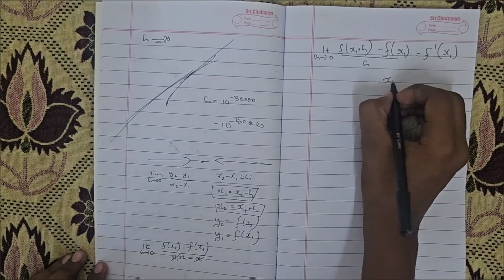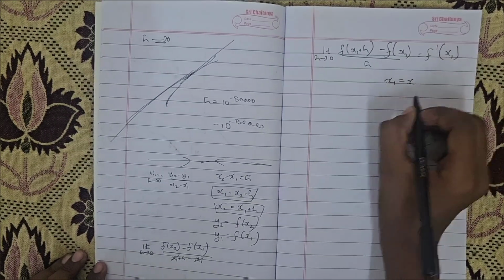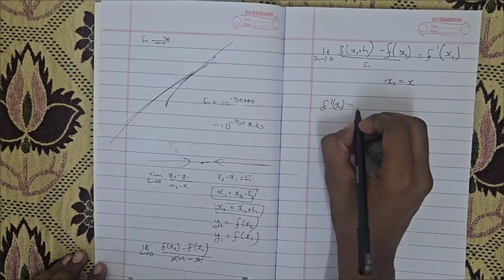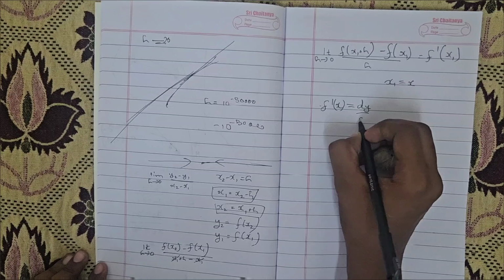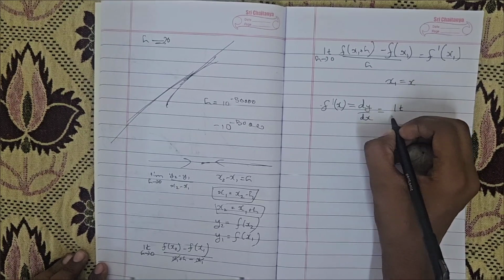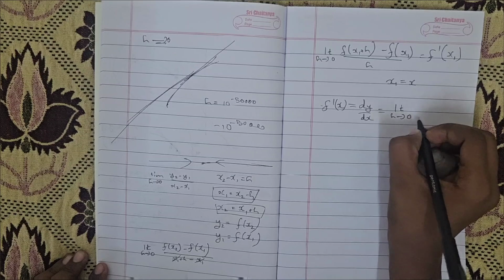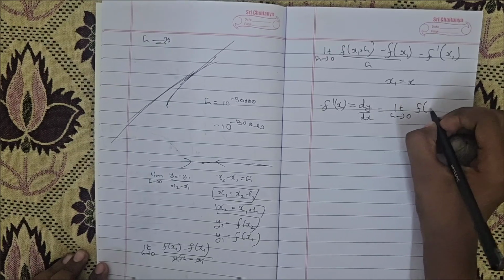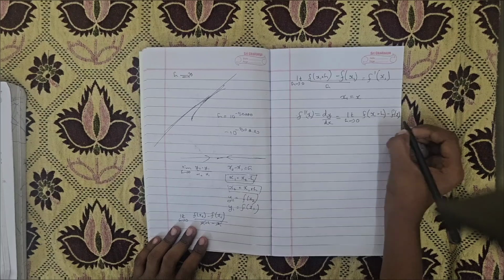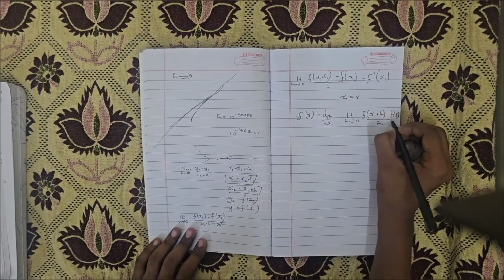If you change x1 to x, we get f dash of x, or dy by dx simply equals limit h approaches 0 of f of x plus h minus f of x divided by h.